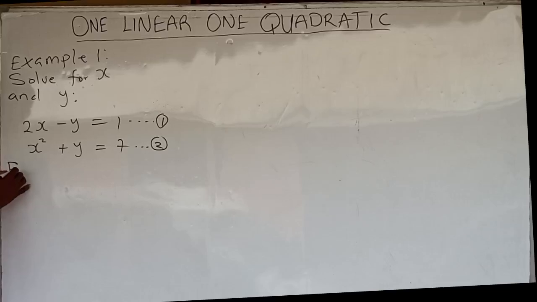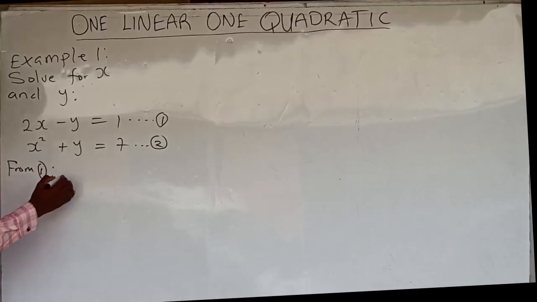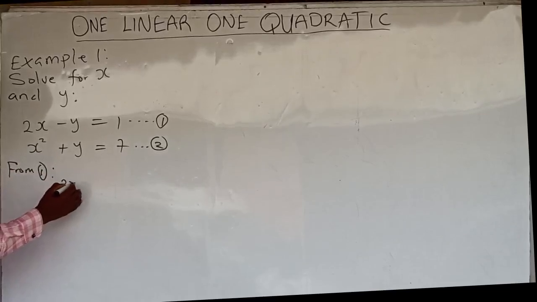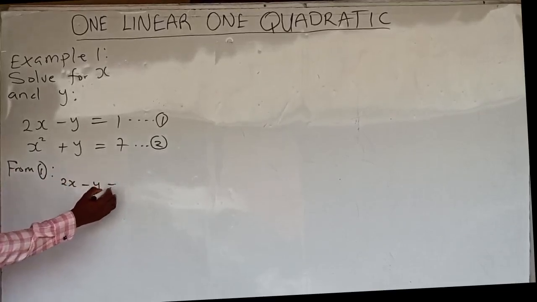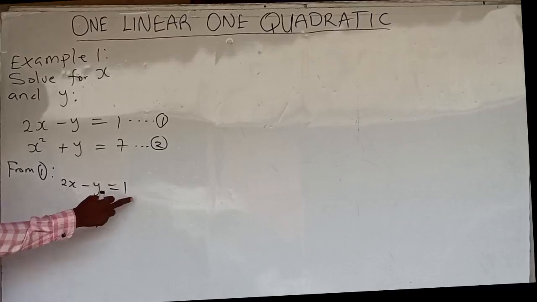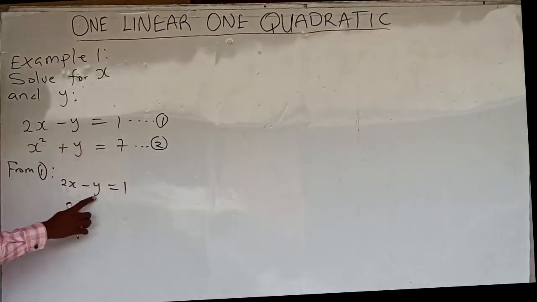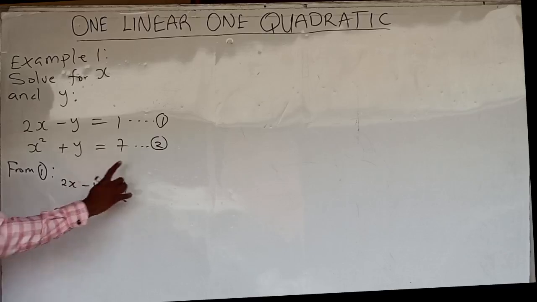So I can say from equation 1, we have that 2x minus y is equal to 1. I want to make y the subject of this formula. So I'm going to take this minus y and cross it over this side.